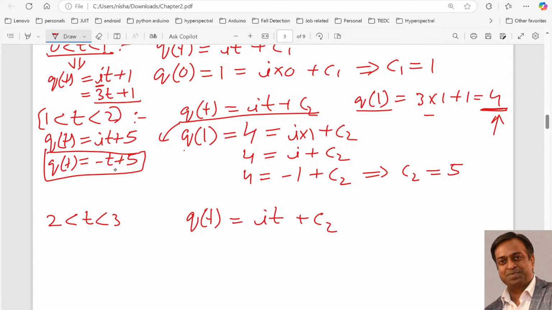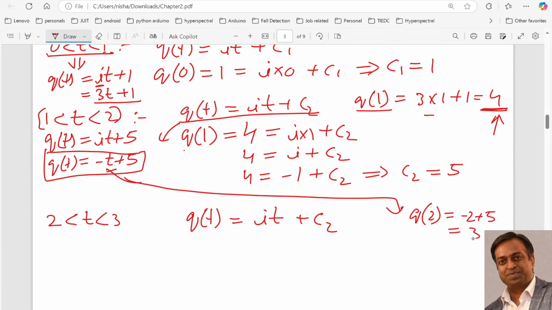We know that from this equation we get, at t equals 2, minus 2 plus 5, which is 3, right? Now for this interval, we will put q2, which is 3, and it equals i into 2 plus c2.